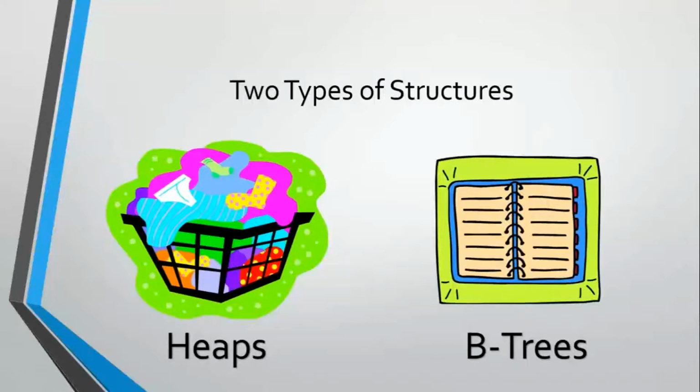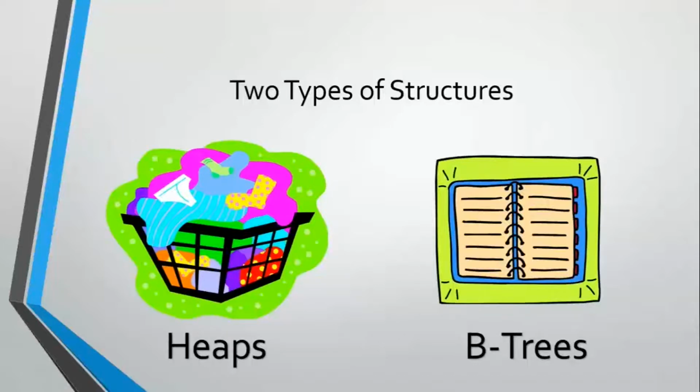Notice I'm representing that with a little book of phone numbers, or some kind of index to keep track of things. B-trees are how our clustered and non-clustered indexes are structured. So if I have a table with a clustered index, that is no longer a heap.